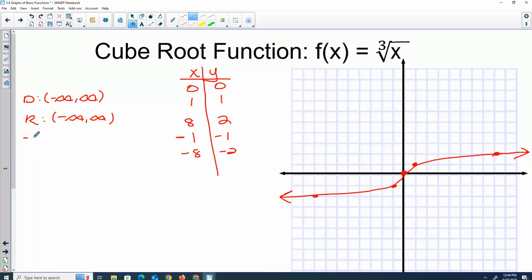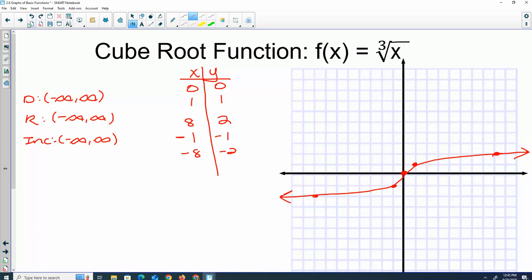Increasing the whole time. Yeah, is this one continuous? Can I draw the whole thing without picking up my pencil? Yeah, so if I asked you where, you would just say the whole thing's continuous.